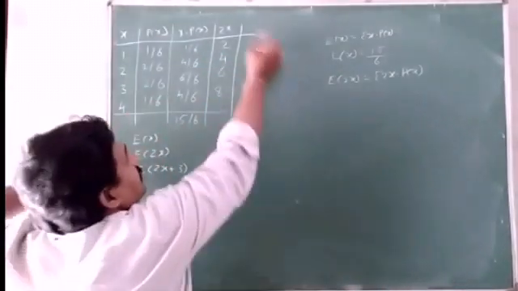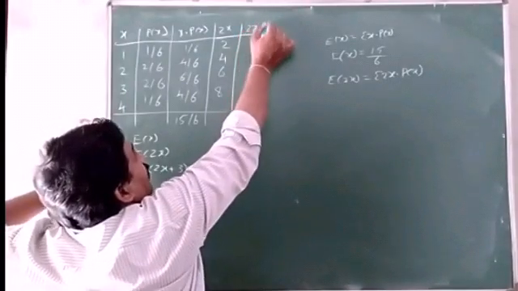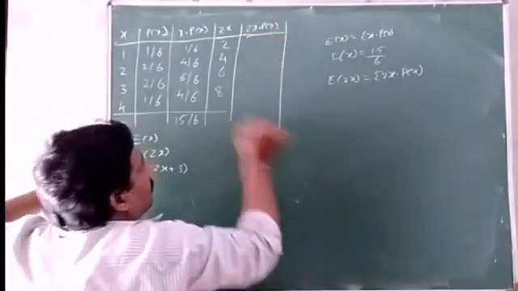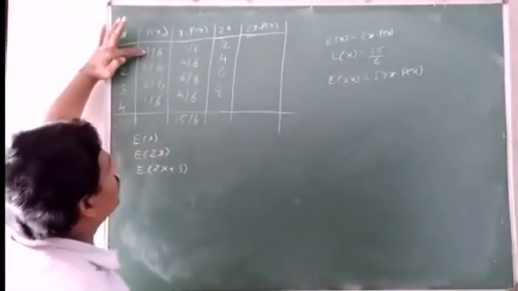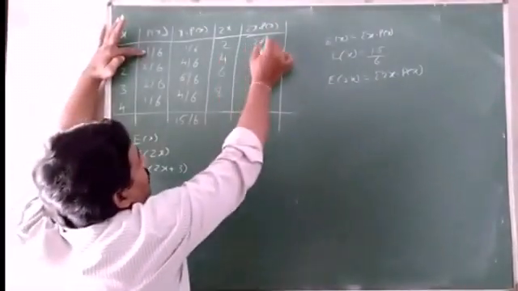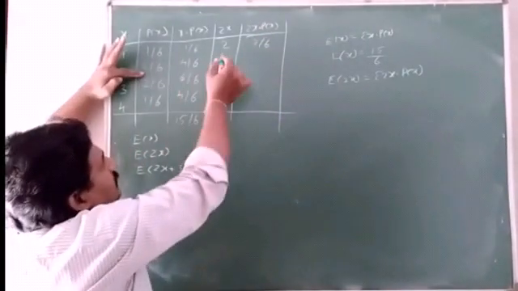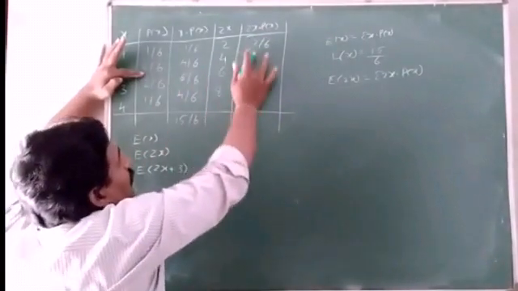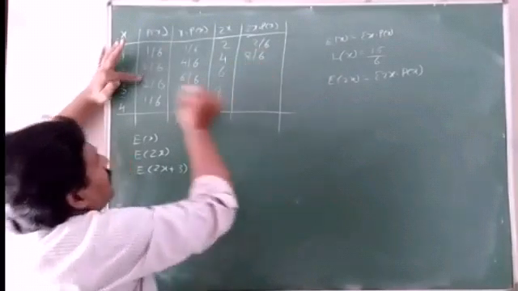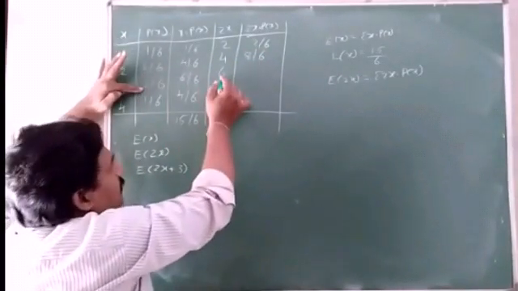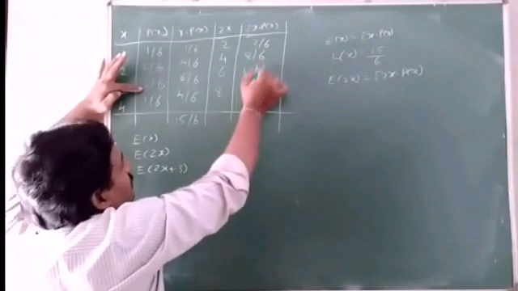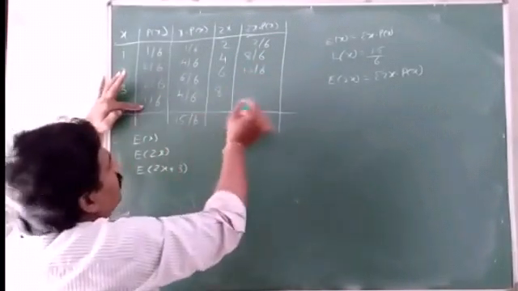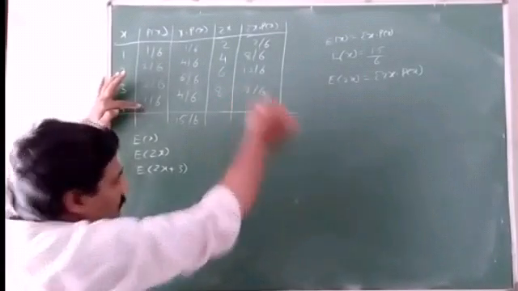So 2x into P of x. 1 by 6 into 2, 2 by 6. 2 by 6 into 4, 8 divided by 6. 2 into 6 divided by 6, that is 12 by 6, and last 1 into 8, that is 8 by 6.